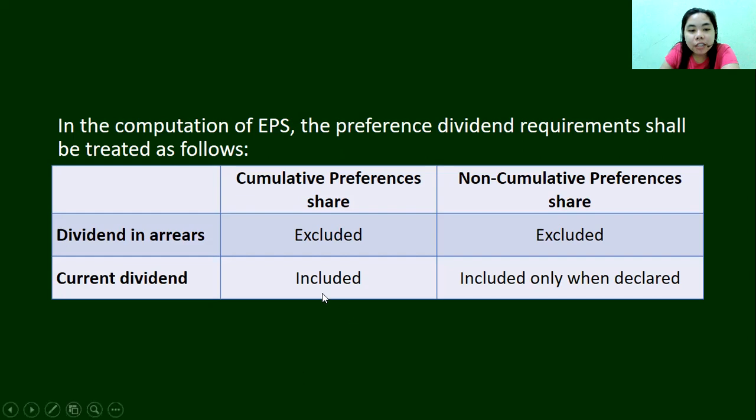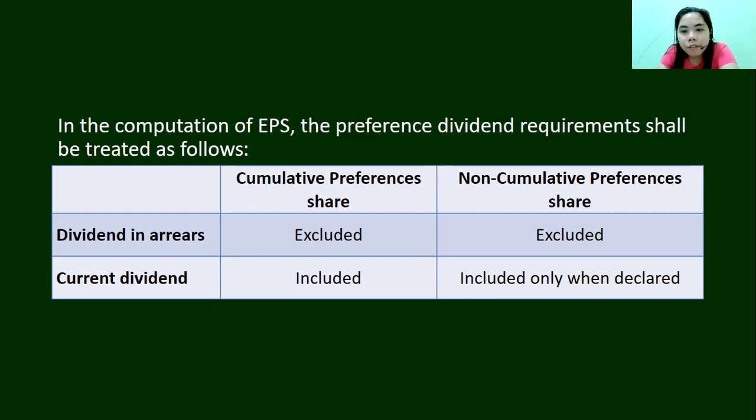Current dividend is included whether it is declared or not declared by the company, because preference shares have a fixed percentage and they come first when it comes to dividend distribution. So either declared or not declared, if cumulative preference share, it will be included in the computation of our earnings per share.